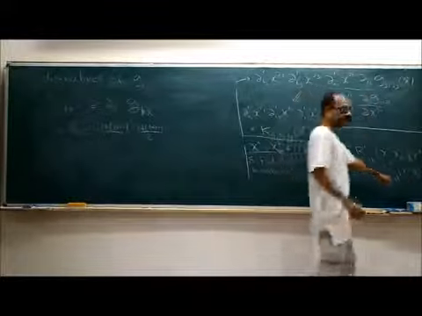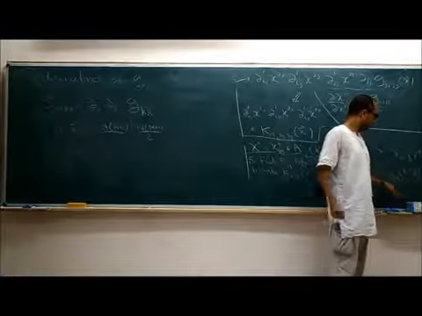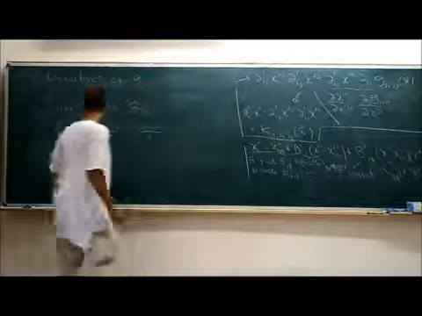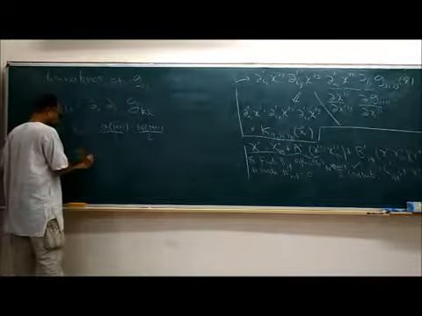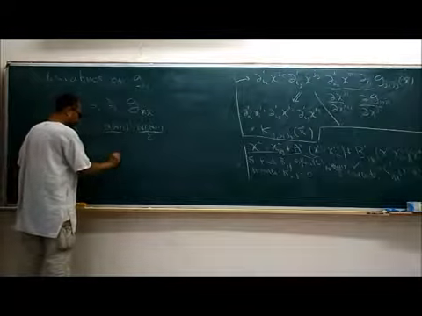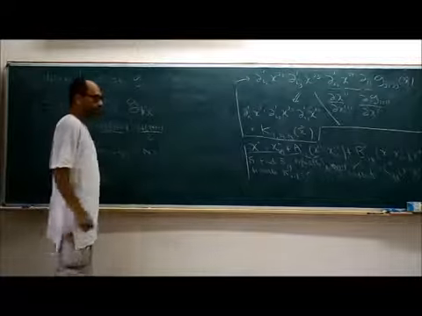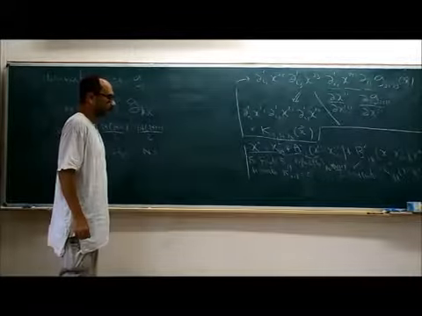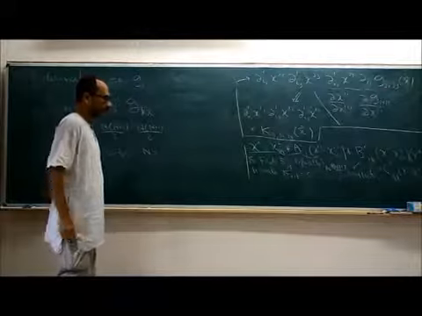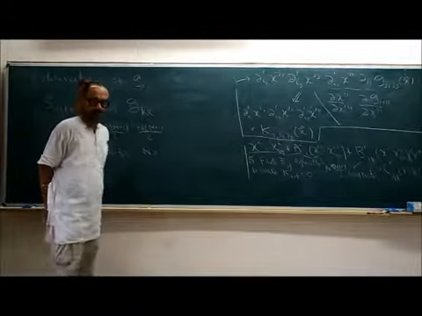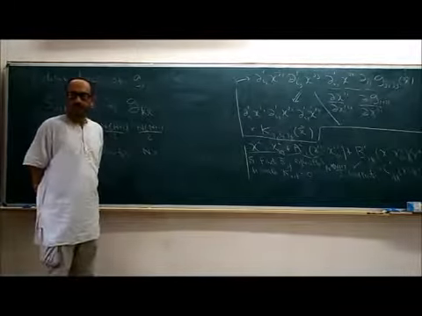I is independent, so i gives me a factor of n. So the number of parameters is n times, and the symmetric combination in j, k and l gives n into n plus 1 into n plus 2 by 6.